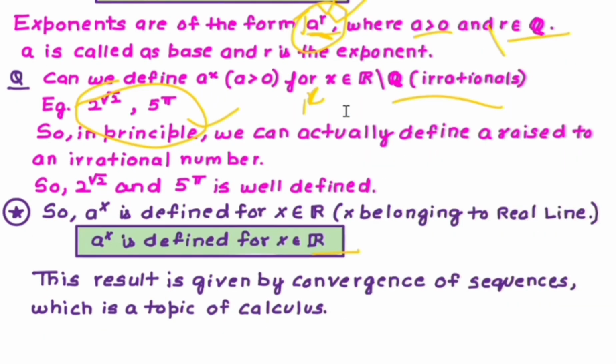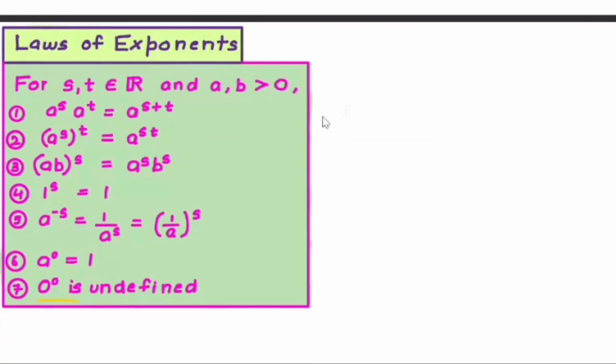Next, there are some laws of exponents. For example, if we are multiplying two numbers whose base is the same and powers are different, those powers will be added. Now suppose you are given a number raised to a power and that whole has a different power, so both the powers will be multiplied.